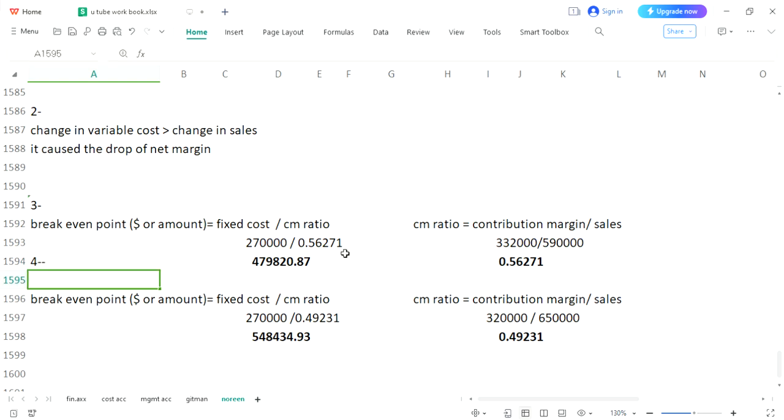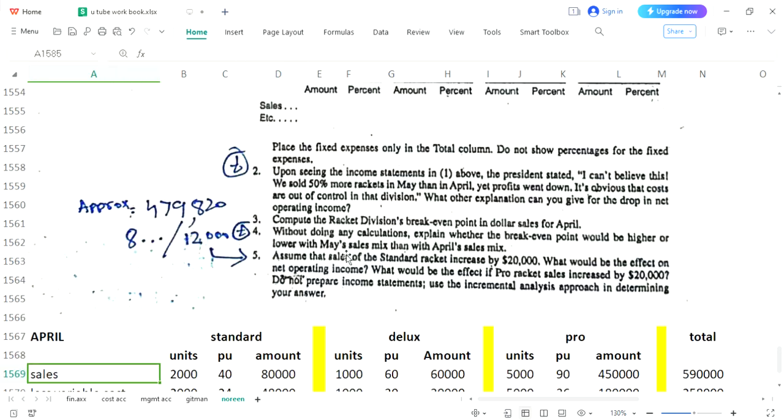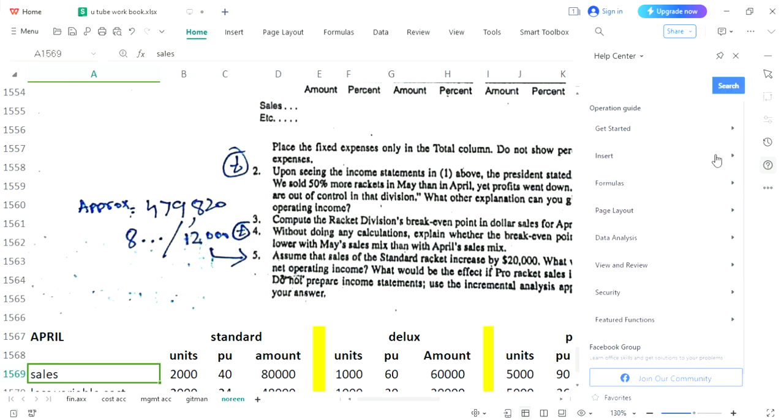Orally we have discussed, and practically we have also discussed break even for the month of May. It's time to go to the fifth point. Let's see what it is. Assume the sale of standard increased by 20,000. Sale has been increased. Oh, what is this?